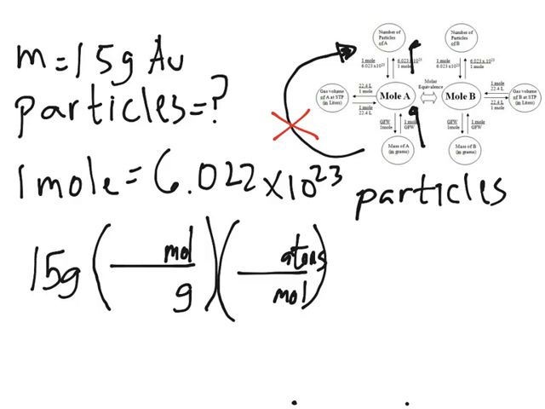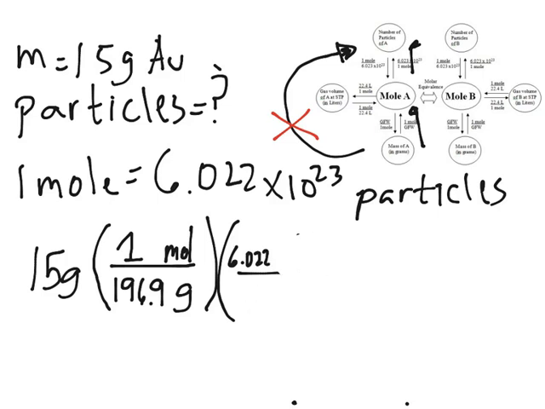We know the molar mass of gold is 196.9 grams, and that will be in 1 mole. So 1 mole, and we can use this factor now: 1 mole is 6.022 times 10 to the 23 atoms.